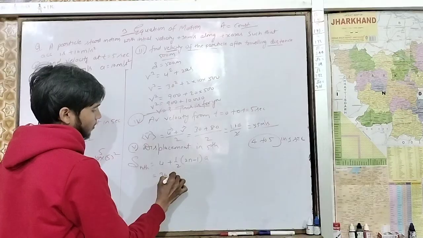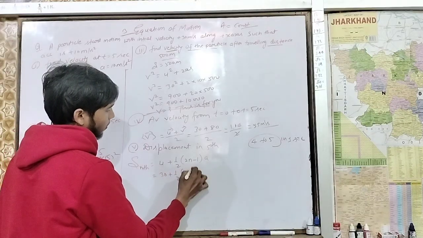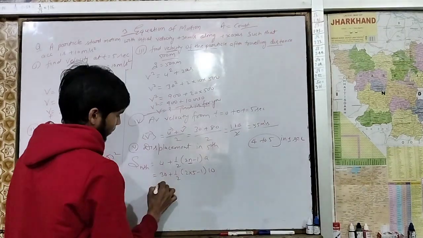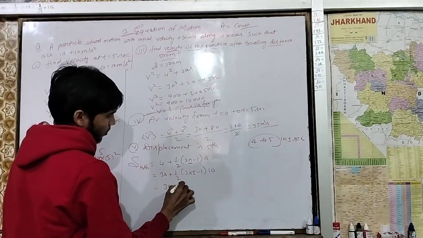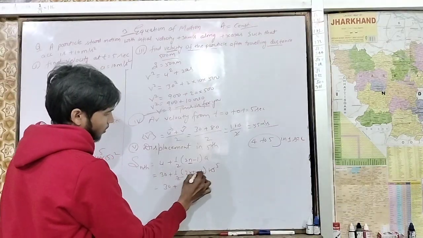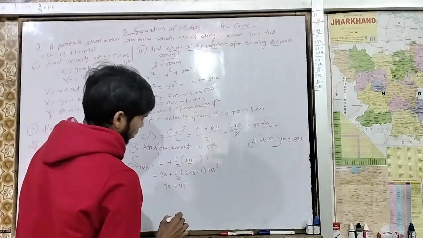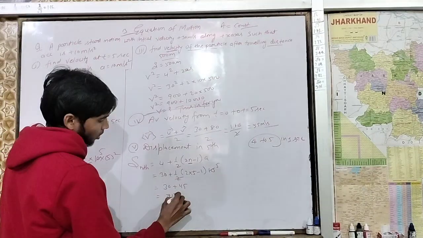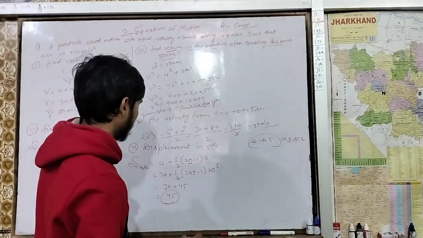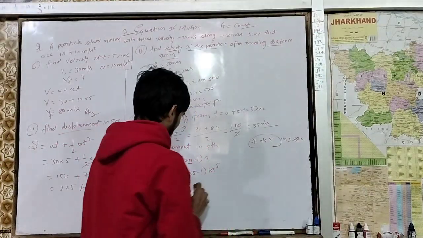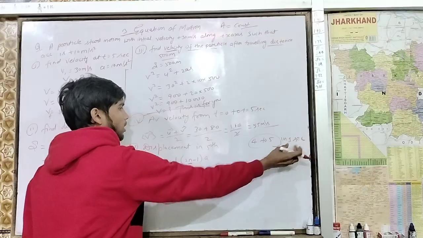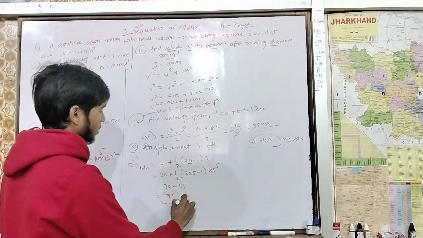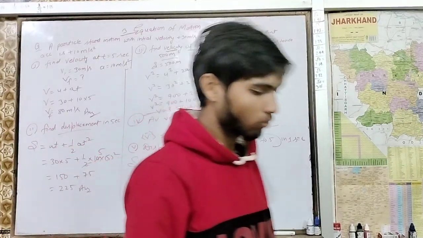So u is 30 plus 1 upon 2, 2 multiplied by n is 5 minus 1, a is 10. 30 plus 2 fives are 10, 45. So this is going to be your 75 distance. This was covered within 1 second, in the 5th second. That is how you will calculate 75.